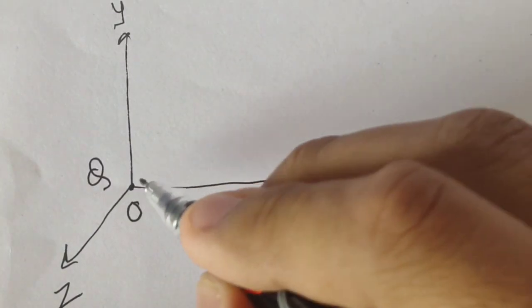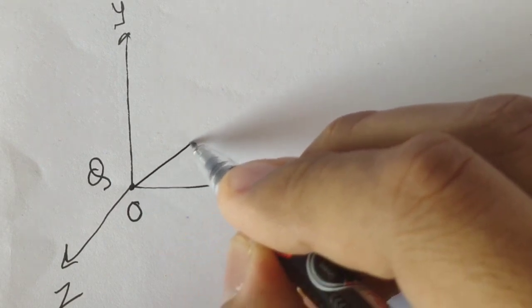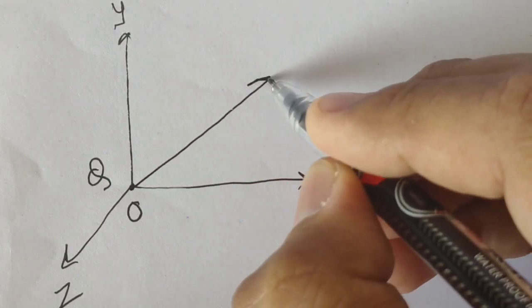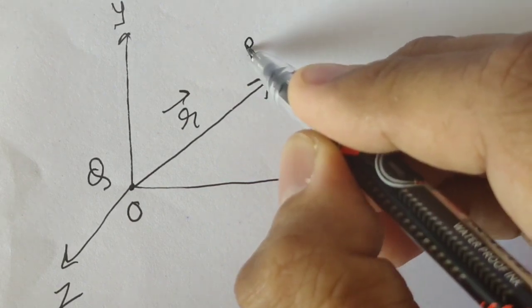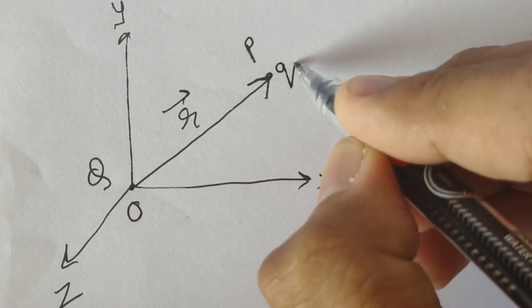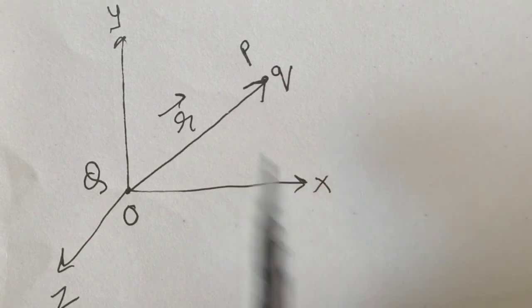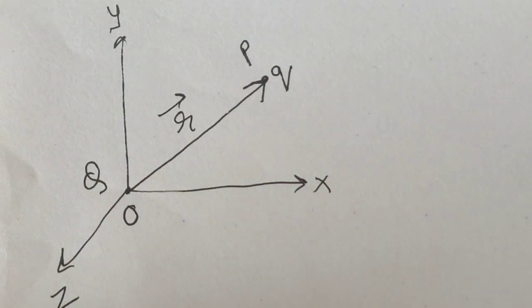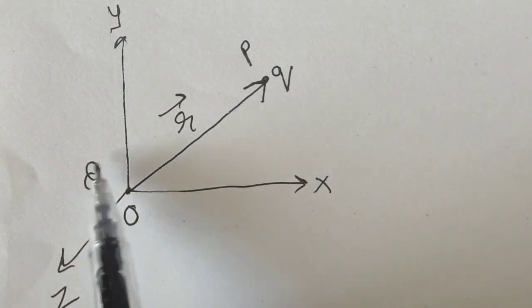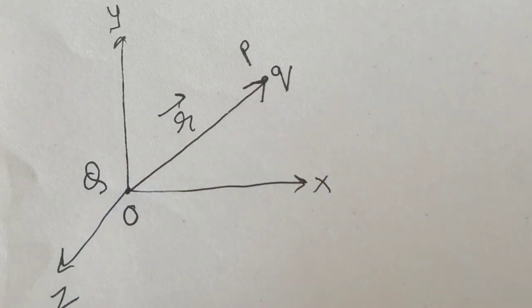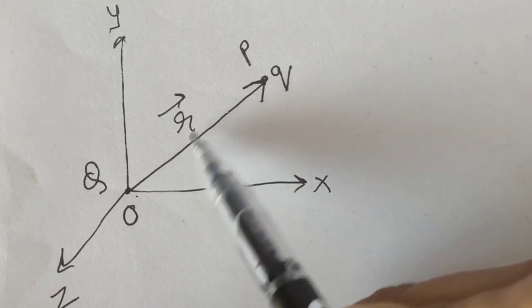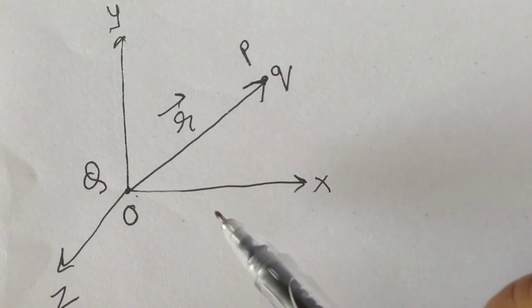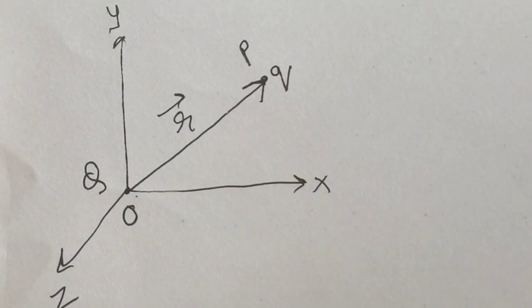Now from the origin at a distance r, consider a point P which has charge small q. In the xyz Cartesian coordinate system, put a capital Q charge on the origin. From the origin to P, at distance r, consider a point P having charge small q.